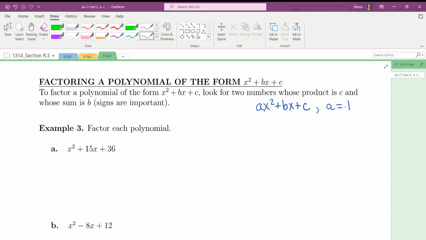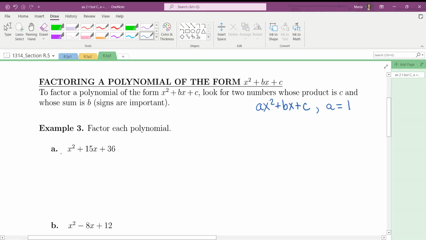Okay, so in example 3, we're going to factor a handful of polynomials that have the format x squared plus or minus a number times x plus or minus another number. In part A, we've got x squared plus 15x plus 36. This is quadratic.